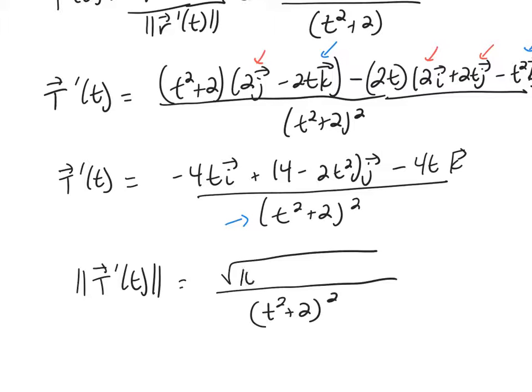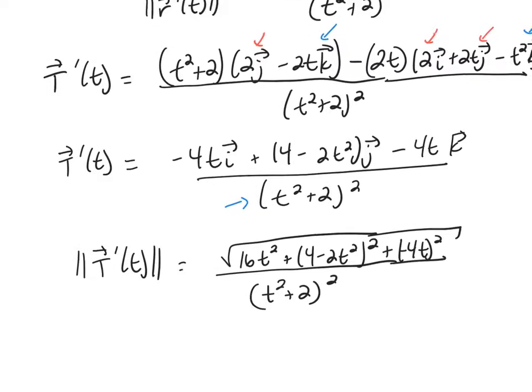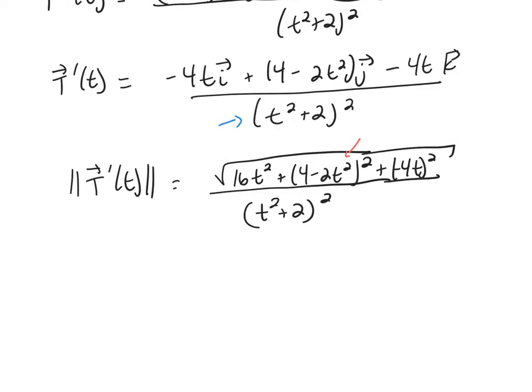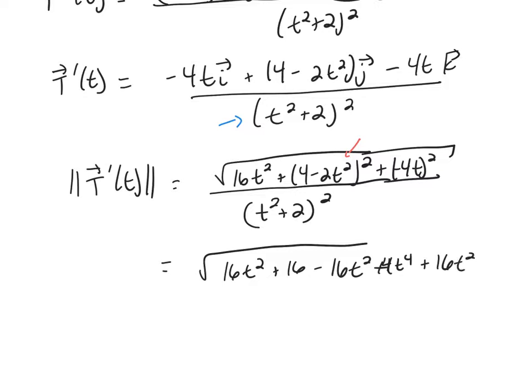Now square all of my entries. 16t squared plus 4 minus 2t squared, squared, plus a negative 4t squared. So you are going to have to FOIL this part out right here. So let's see, I get the square root of 16t squared plus 16 minus 16t squared plus 4t to the 4th plus 16t squared.